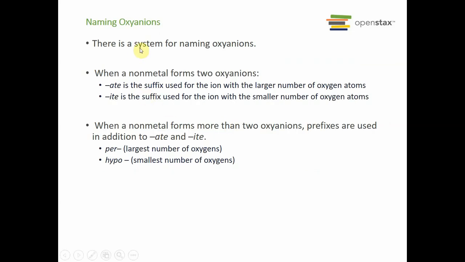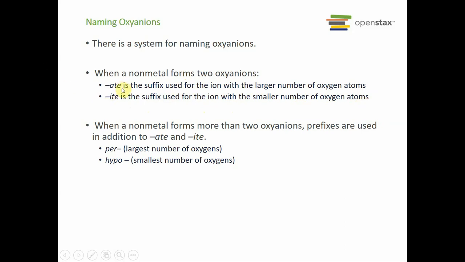Okay, there is a system for naming oxyions. When a nonmetal forms two oxyions, ate is the suffix for the ion with the larger number of oxygen atoms, and ite is the suffix for the ion with a smaller number of oxygen atoms.